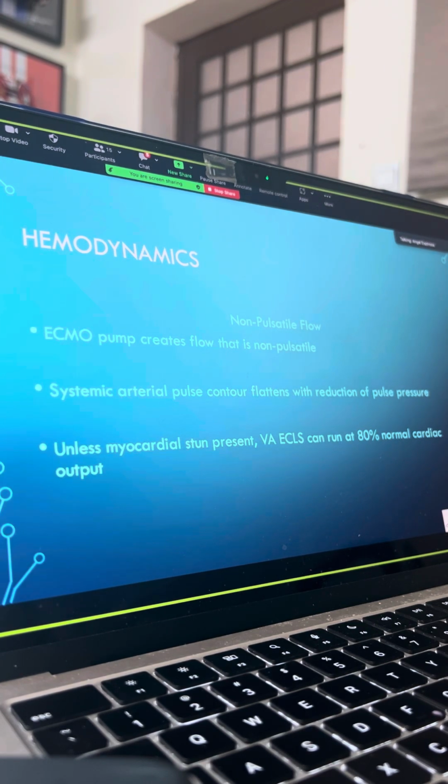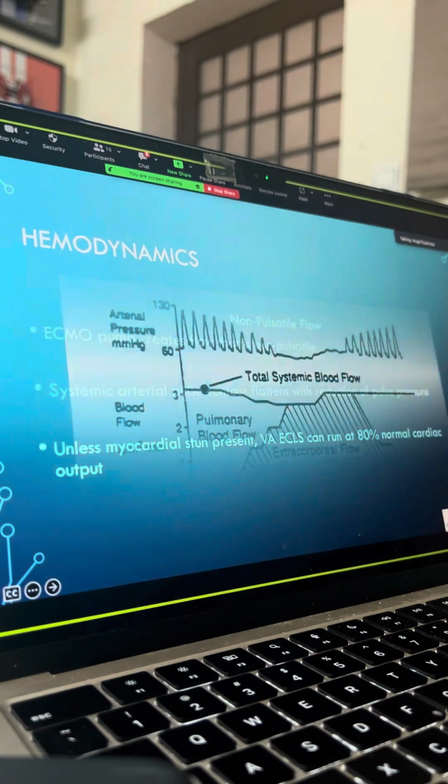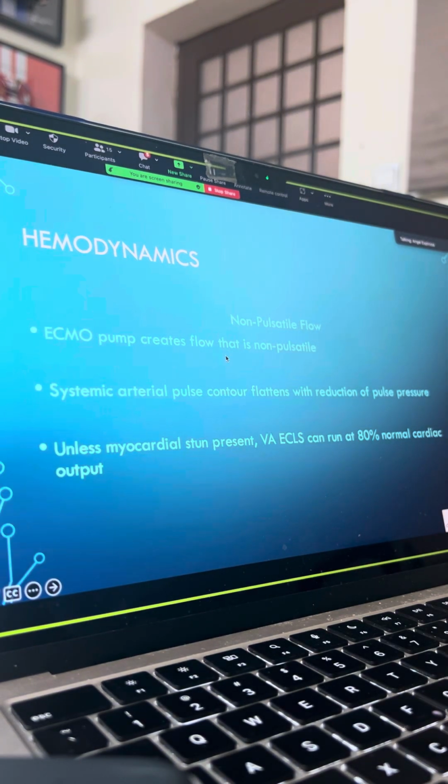When it comes to hemodynamics, the veno-arterial ECMO has non-pulsatile flow. The ECMO pump creates flow that is non-pulsatile. The systemic arterial pulse contour flattens and there is a reduction of the pulse pressure, and unless there is severe myocardial stunning, the veno-arterial extracorporeal life support can run up to 80% of the normal cardiac output.